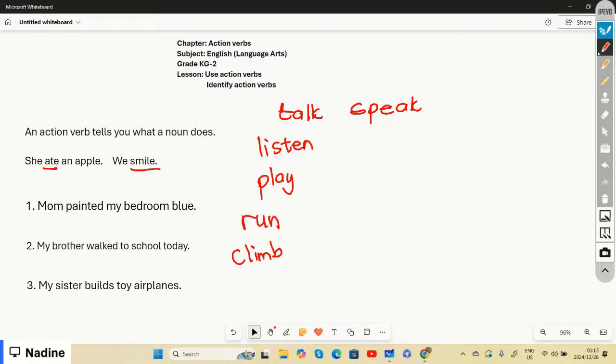So run, yes, well done. We have climb. If you get water, if you get food, what do you do with the food? You get a chocolate, what do you do with the chocolate? Something that you do with that specific thing.